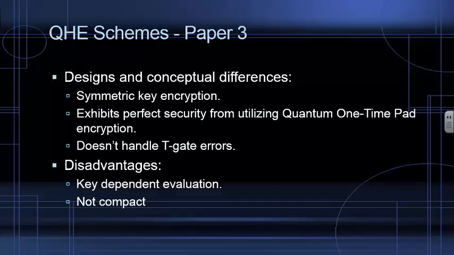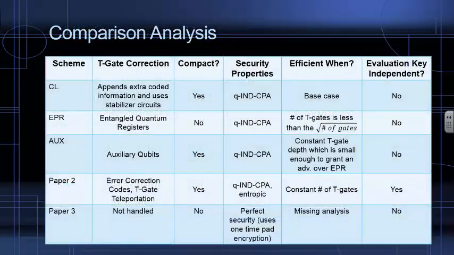Now, our general analysis. We had a few different methods for T-gate correction, the extra bit of information that was used: stabilizer circuits for the CL, entangled quantum registers for EPR, auxiliary qubits for the AUX one, and then paper 2 kind of used a mix of EPR and AUX.